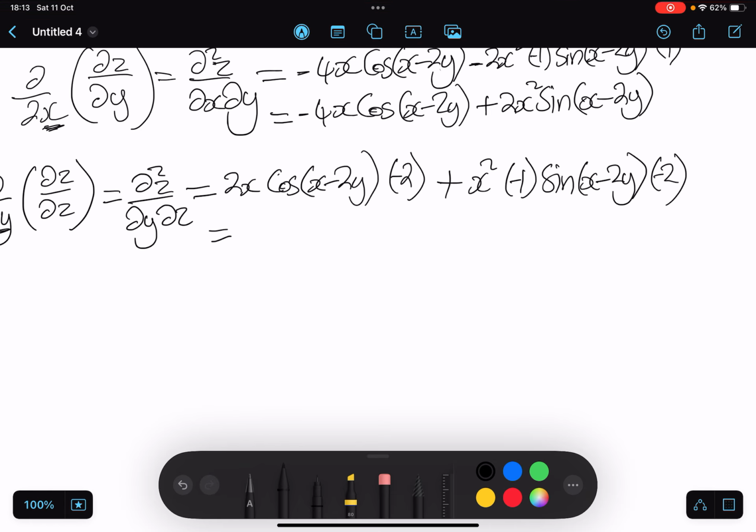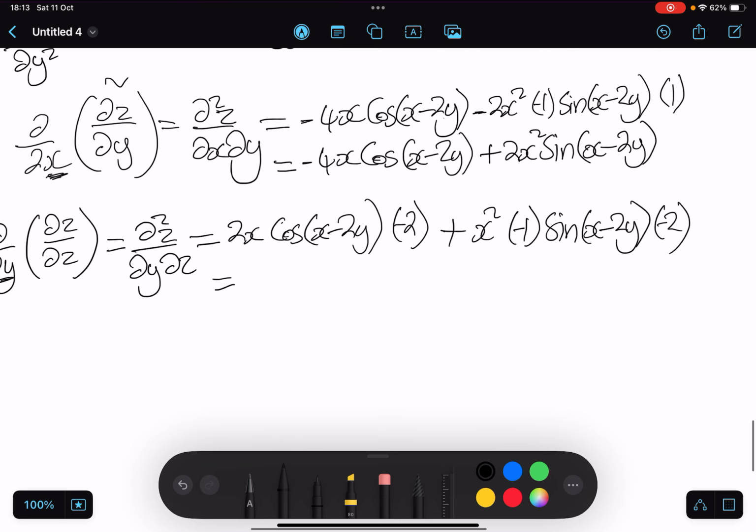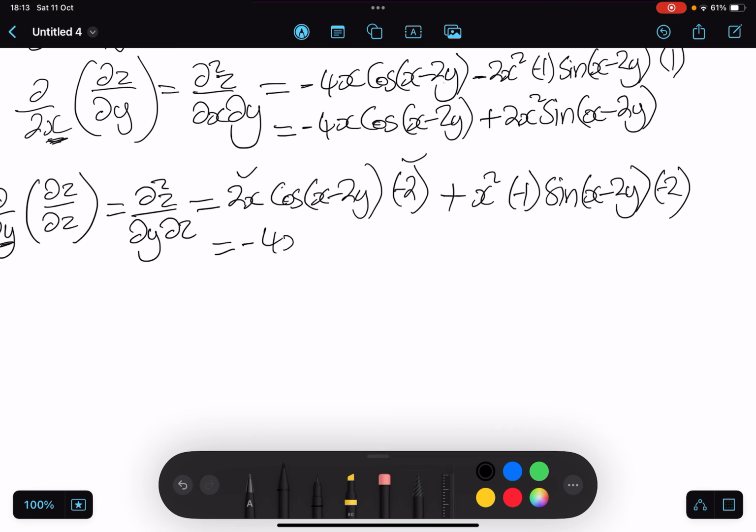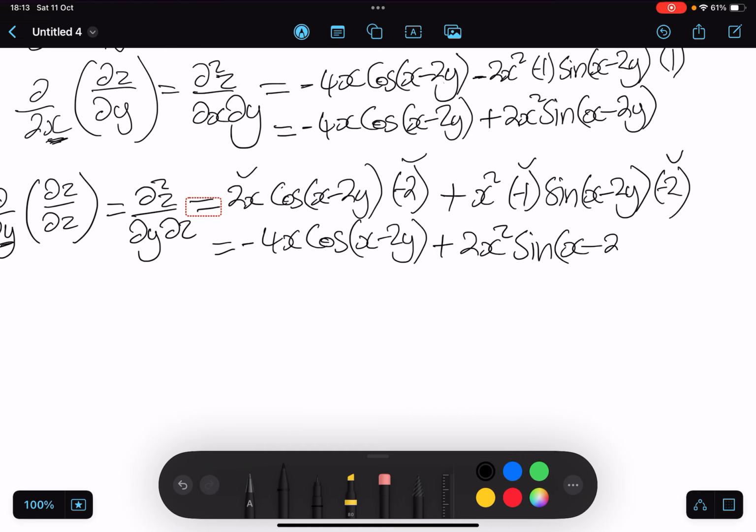So this is equal to minus 2 times 2, which is minus 4x cos(x - 2y), right? And then this times this, it's positive 2x squared sin(x - 2y), right? So this is what we have.